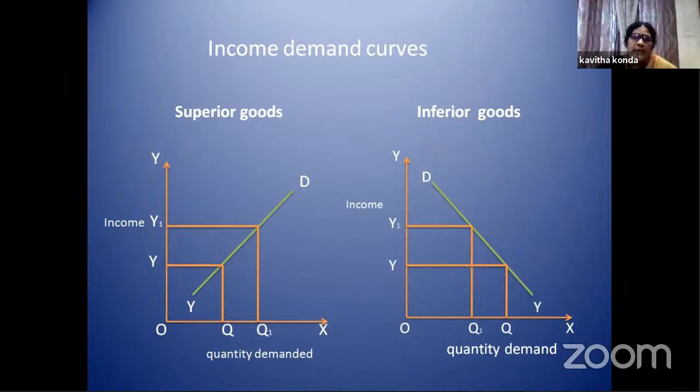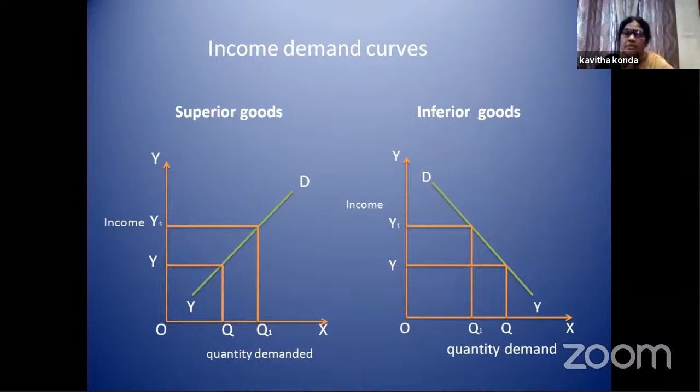It is a direct relationship, because when income increases, quantity demanded also increases, for superior goods only, not for inferior goods.